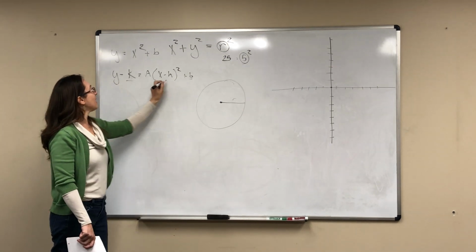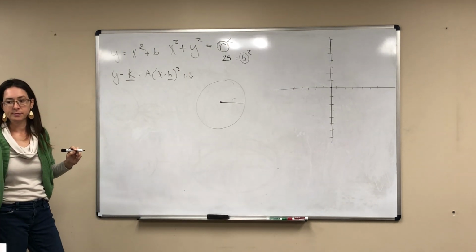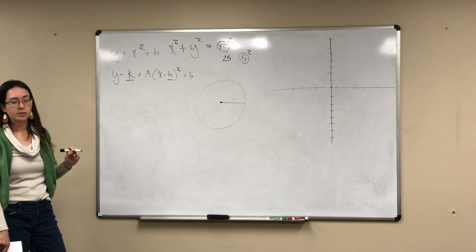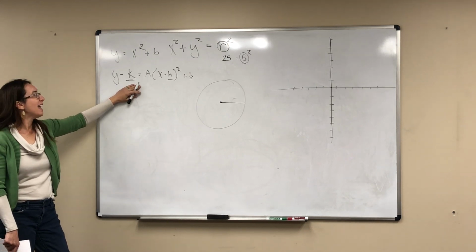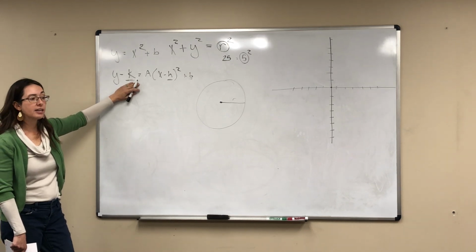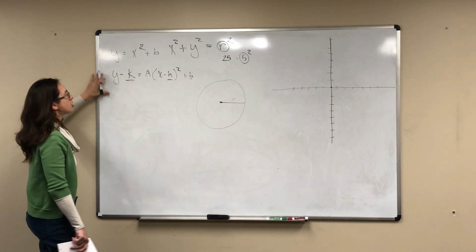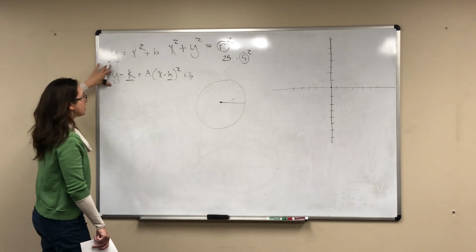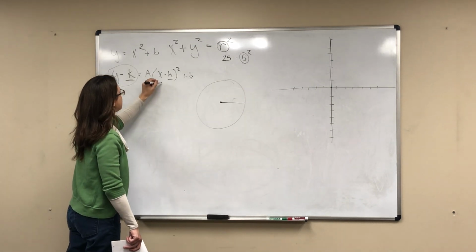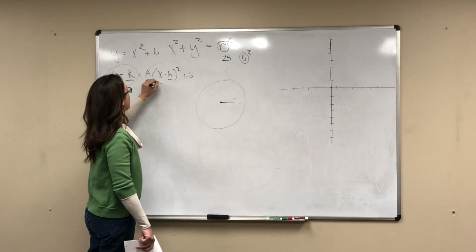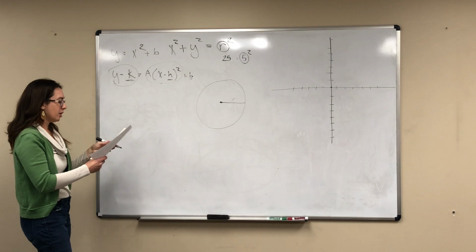What did this h and k tell us? It was the vertex, and it would tell us if our vertex was moved off of the origin, correct? Okay, so all of these letters, this format here is going to stay exactly the same as we work into circles and ellipses and hyperbolas, okay?